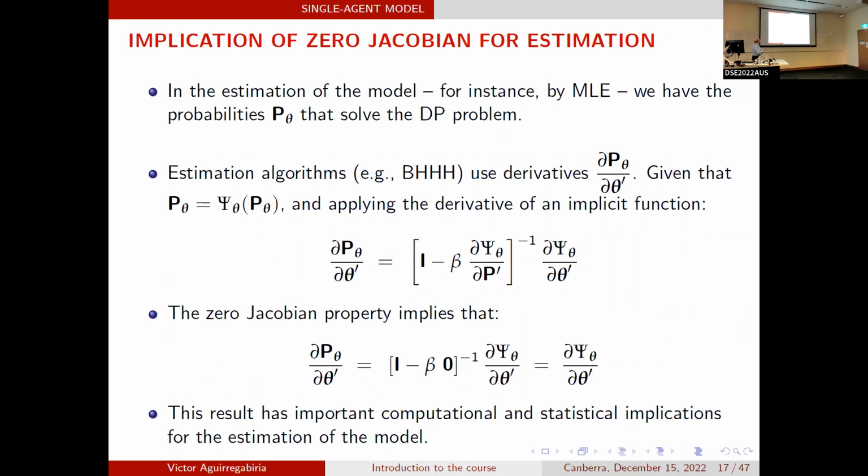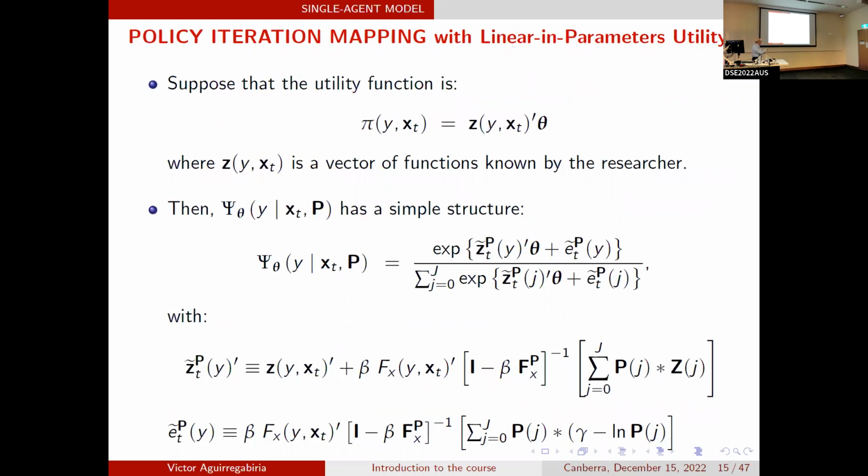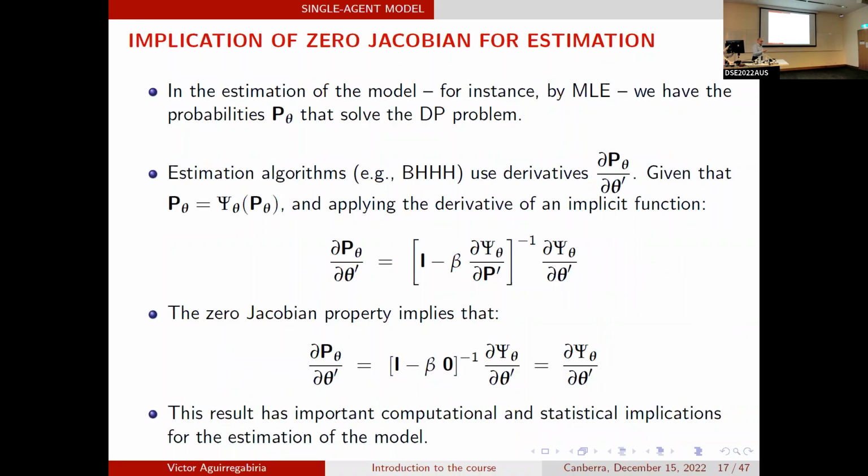Then, if we use this expression, we can write that the derivative of the equilibrium choice probability with respect to theta, in general, has this expression: the identity matrix minus beta multiplying the Jacobian of the policy iteration mapping with respect to P. This is a very high dimensional matrix, the dimension of the state space, and a very complicated matrix, because here is where we have the derivative of this inverse with respect to P. In principle, a very complex matrix, okay?